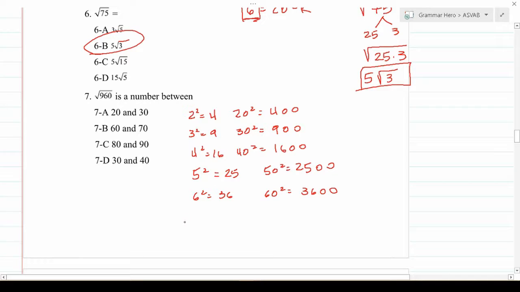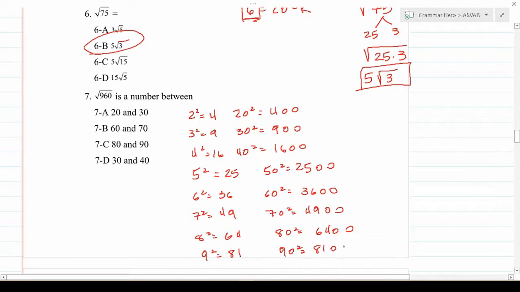Let's just do a couple more. 7 squared equals 49. 70 squared equals 4900. 8 squared equals 64. 80 squared equals 6400. 9 squared equals 81. 90 squared equals 8100. Okay, so you have to kind of know that these are equivalent. And if you do, this problem becomes very simple.